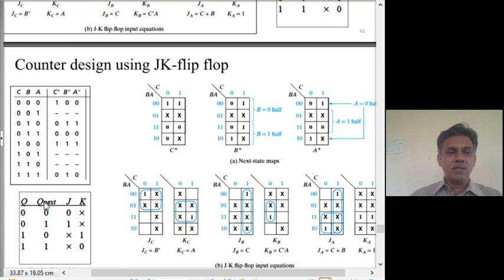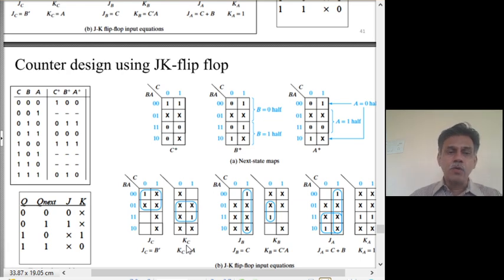This is C, this is C plus, this is JC, this is KC. That is how we have to interpret when we are dealing with the K maps of JC and KC. So when C is equal to 0, then in the K map of KC, all those squares corresponding to C equal to 0 are don't cares.